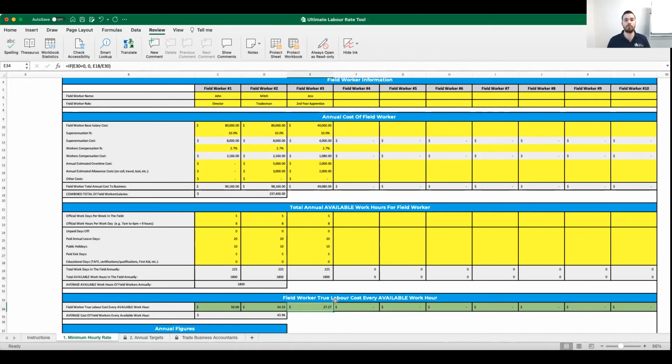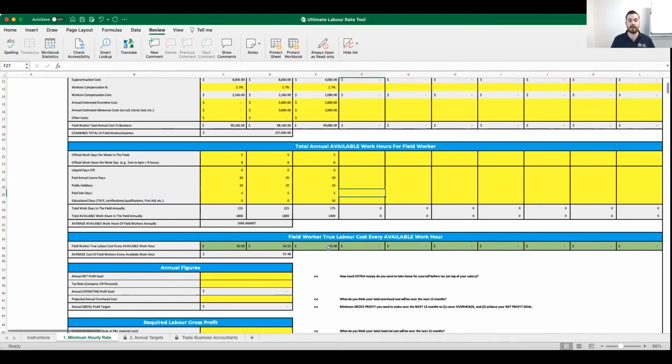That's going to erode your margins significantly. So again, make sure you're factoring in the appropriate days off that the field workers aren't actively producing revenue for you. So looking at those costs, this is telling us that the average cost of our field workers every available hour is $47.48.